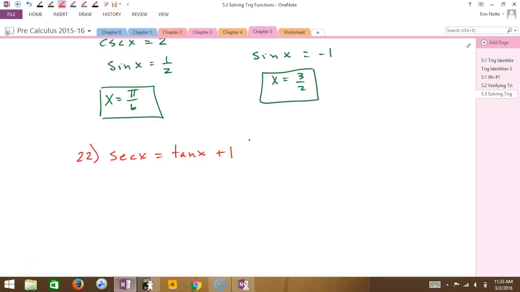So what do you guys think? Tangent of x plus 1 is equal to secant squared. That would be true if it was tangent squared plus 1. Good idea, though. I like that better. That would have been easier.